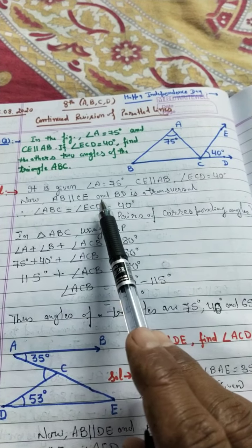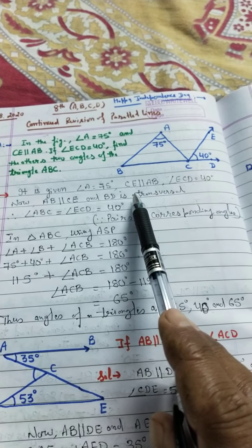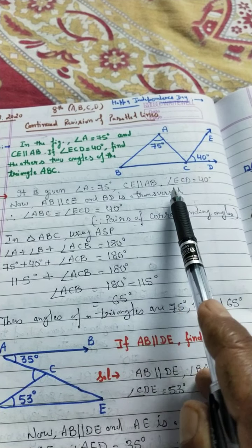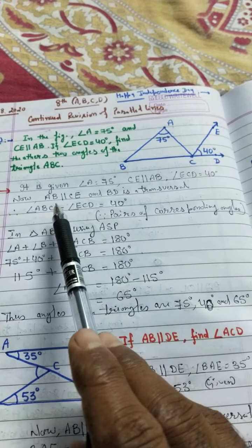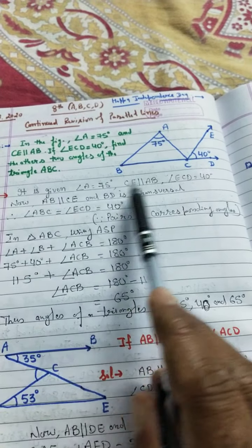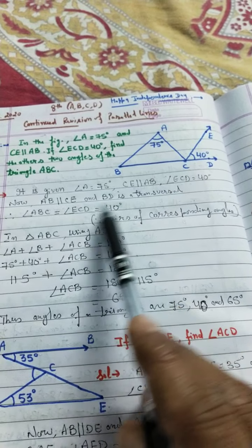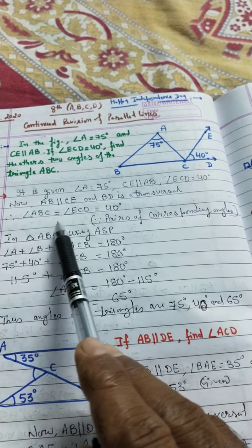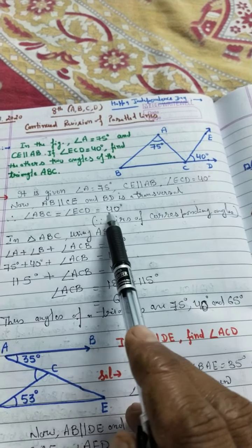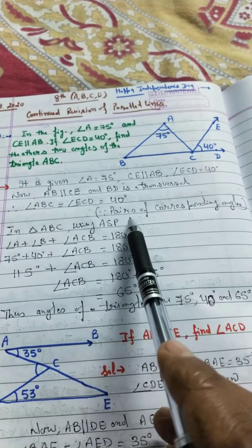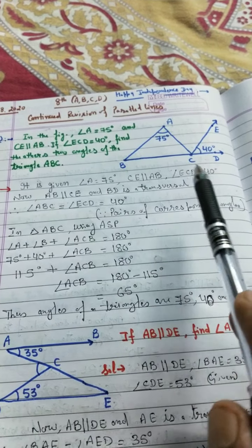It is given that angle A is equal to 75, CE is parallel to AB, and angle ECD is equal to 40. Now AB is parallel to CE and BD is a transversal. Therefore, angle ABC is equal to angle ECD, which is 40, because pairs of corresponding angles are equal.